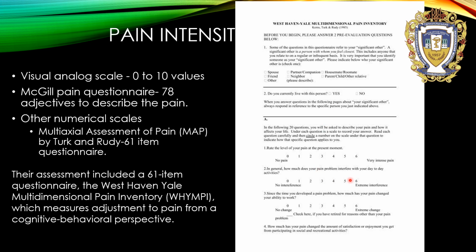The assessment included the West Haven-Yale Multidimensional Pain Inventory, abbreviation WHYMPI, which measures adjustment to pain from a cognitive behavioral perspective. But as we can see, these are difficult ways to measure pain intensity for dentists.